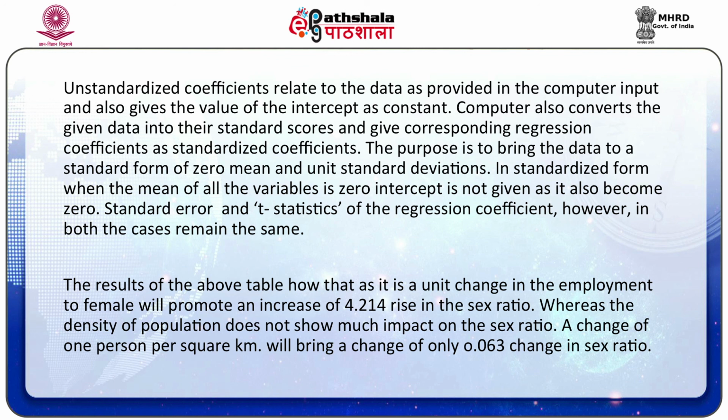The purpose is to bring the data to a standard form of 0 mean and unit standard deviation. In standardized form, when the mean of all the variables is 0, the intercept is not given as it also becomes 0. Standard error and t statistics of the regression coefficient, however, in both the cases remain the same.